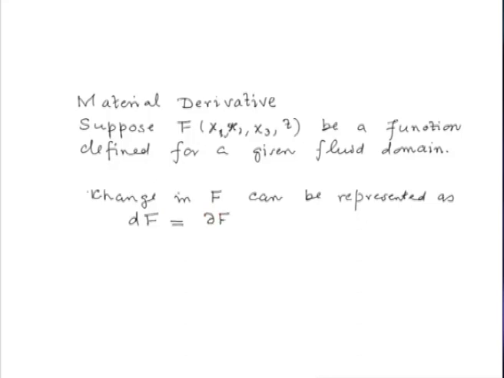This is del f by del t, that is partial derivative of f with respect to time, into the small time increment dt, plus del f over del x1 dx1 plus del f over del x2 dx2 plus del f over del x3 dx3. So now what would be the rate of change of f with respect to time?